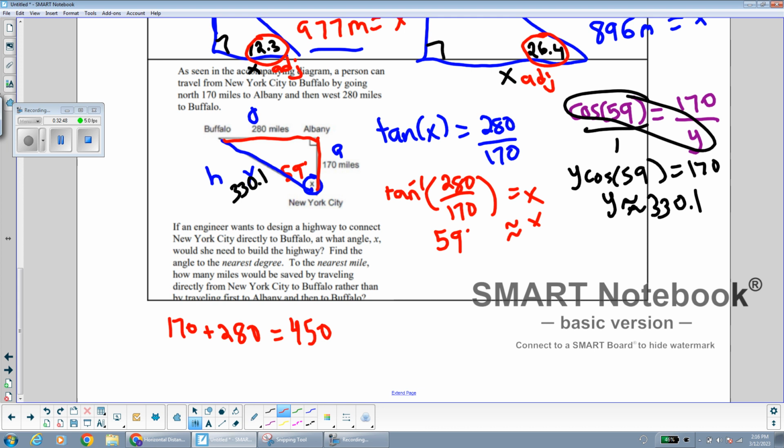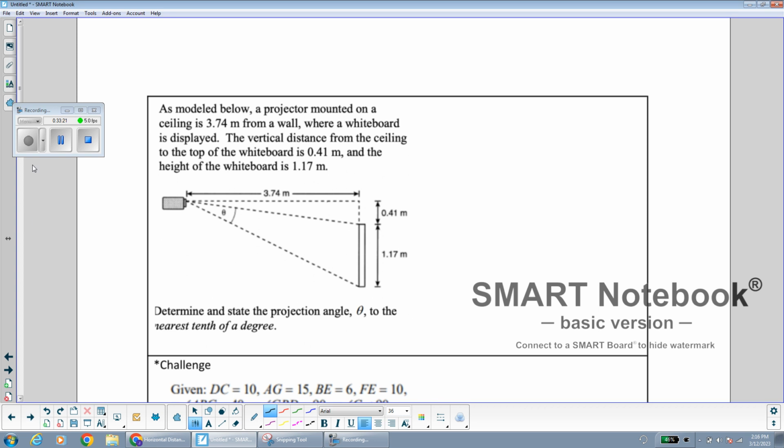It says how many miles would be saved traveling directly, only going 330 miles. 450 minus 330.1, or just 330, it doesn't really make a difference, is 119.9, which is approximately, to the nearest mile, 120 miles that are saved by going this way rather than this way and that way. Moving along.